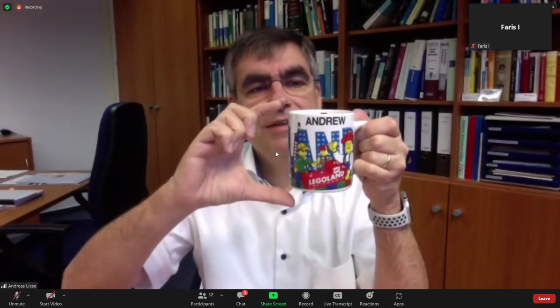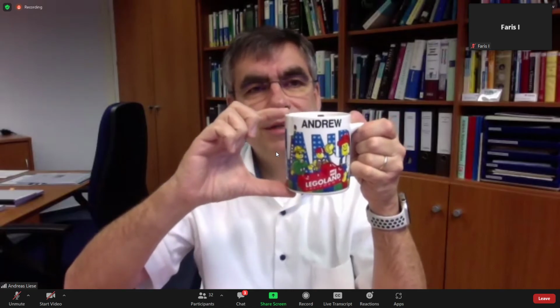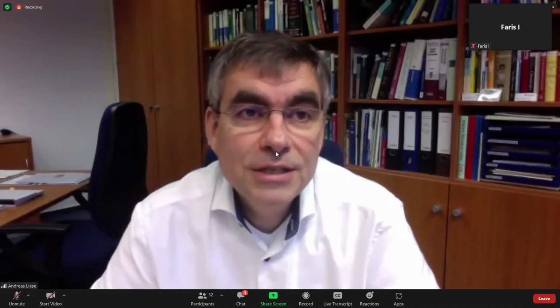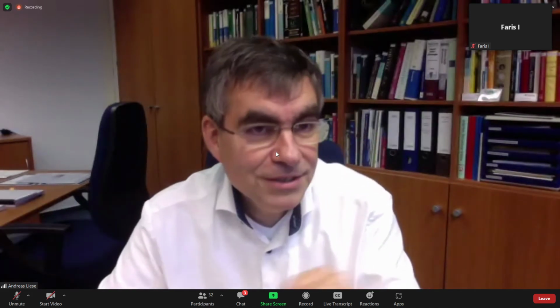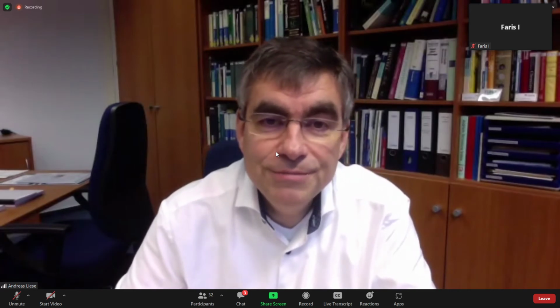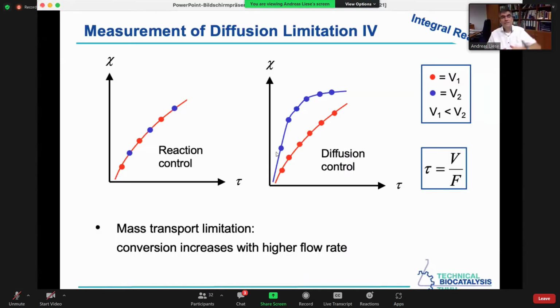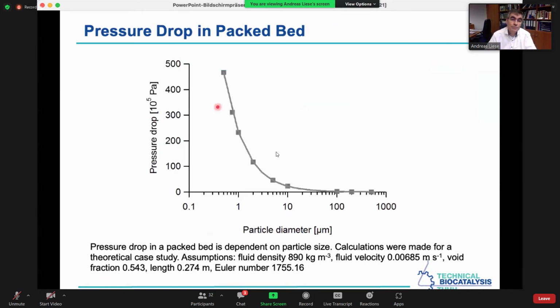If we have a high flux, there will be a high pressure drop from the beginning to the end. This is important because if we're not on my mug here but in industry, with a 2 meter, 3 meter high column, some pressure could be built up, and in consequence, the material and our plant must be stable against this resulting pressure.